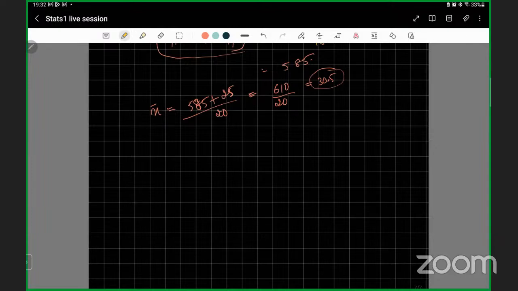Okay. Ma'am, in the 10th question, it's saying we need to pick out the incorrect statements. And here it's given soccer positions, defender, midfielder, forward, has an ordinal scale of measurement.